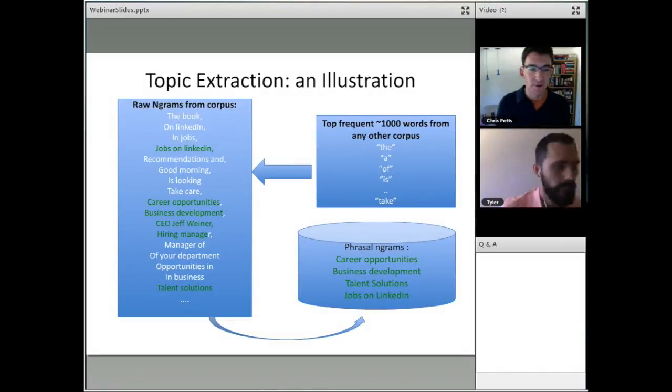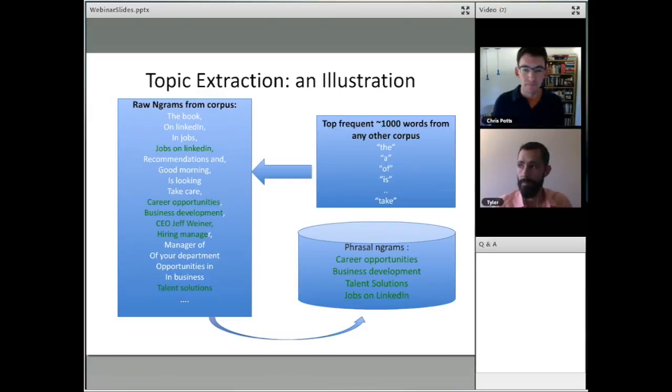So what we would like to do is get a better sense of what kinds of topics people mention when they mention us, and then mention it positively or negatively. So, for instance, when people talk about jobs in the context of LinkedIn, what kinds of topics do they mention, and what is a topic?